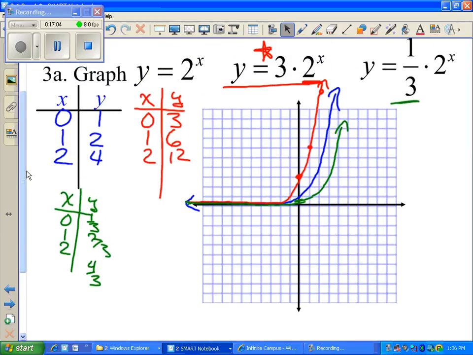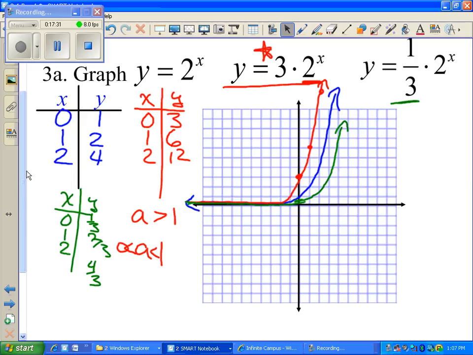It stands up a little taller. The green one is called a vertical compression. It sits down a little lower. A vertical stretch, my A is going to be greater than 1. A vertical compression, my A is going to be between 0 and 1.